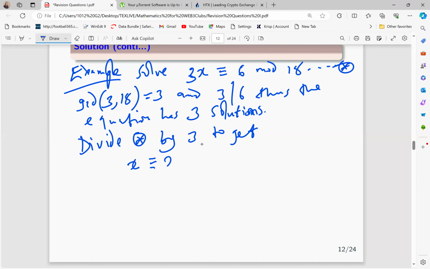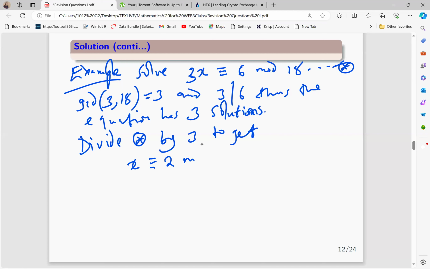So the general solution will be 2 plus 6i, where i is 0, 1, 2, because we want 3 solutions.